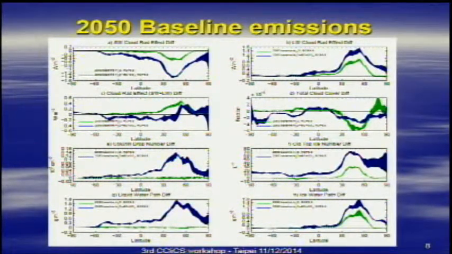And if we look at, say, the liquid cloud water path difference, if you don't include aviation aerosols, you are not going to change the liquid water path. However, when you include aviation aerosols, you enhance liquid water, basically warm cloud.